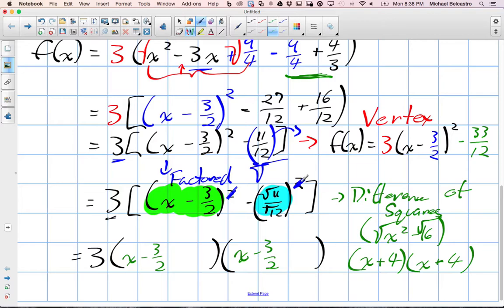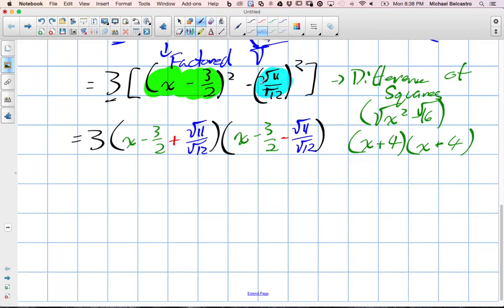And the square root of this, we would just cancel out our power of 2, so that kind of disappears. We would have, we'll do it in blue, root 11 over root 12 and root 11 over root 12. And like we said before, we add and subtract that value.